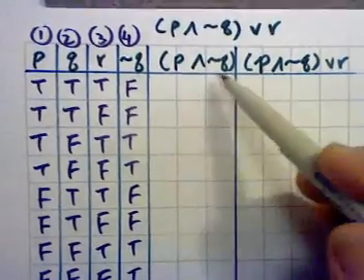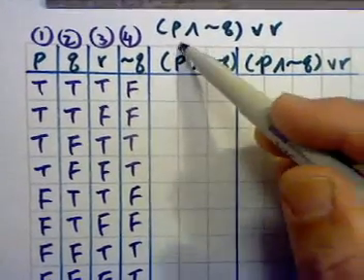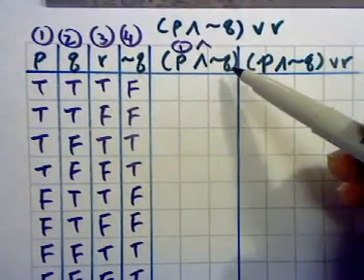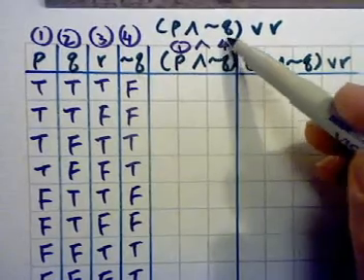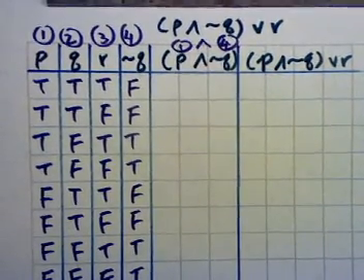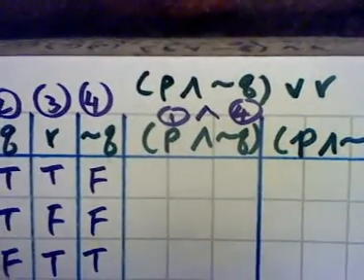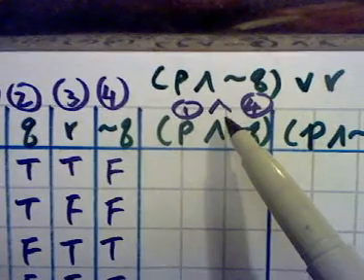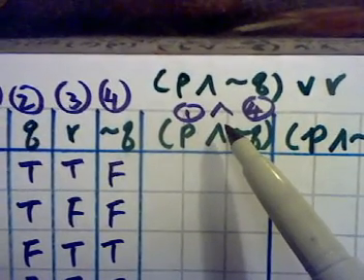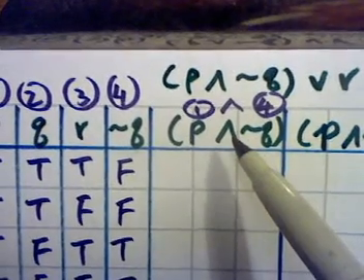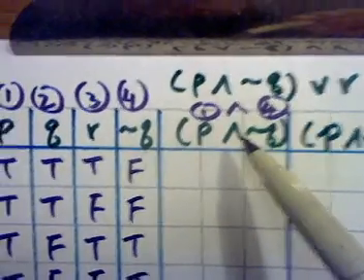So here on my 5th column, it's going to be column 1, because that's where P is at, conjunction with column 4. Applying the rule for conjunction, which says you need 2 T's to get T, anything else is false, I'm going to look for where I have those 2 T's.